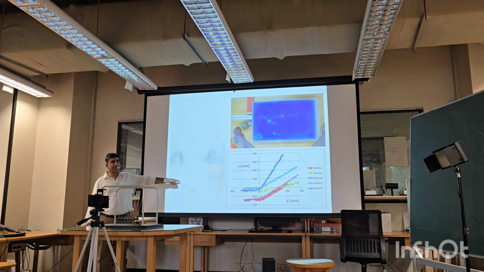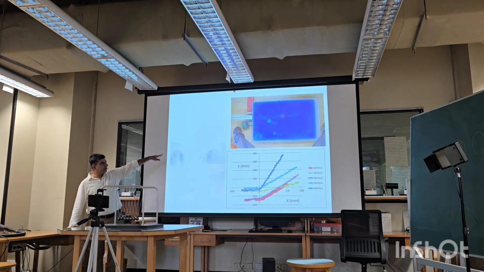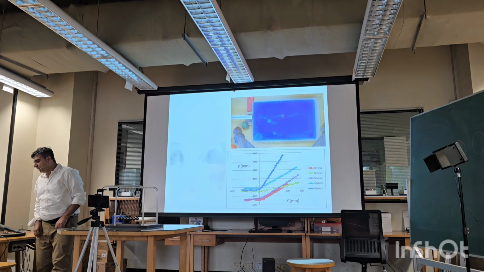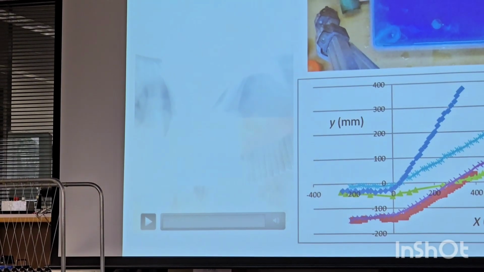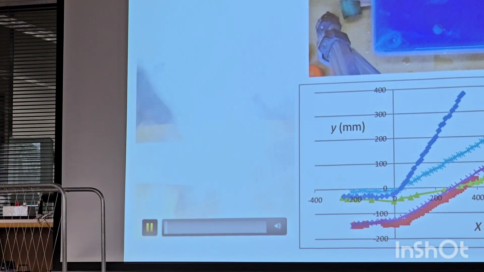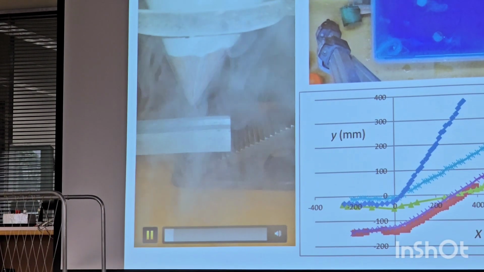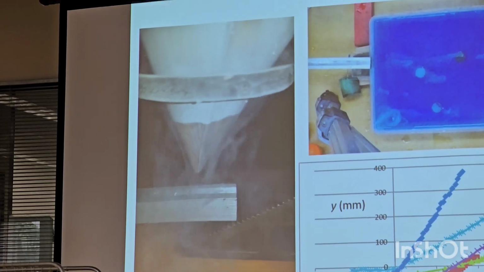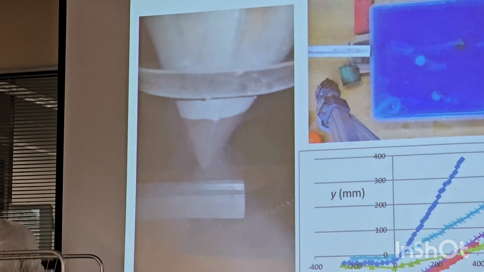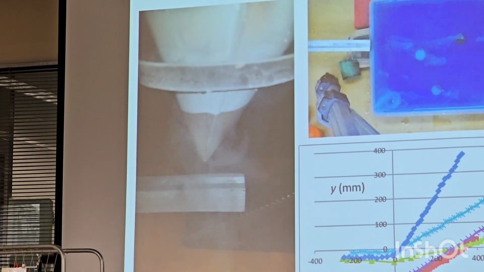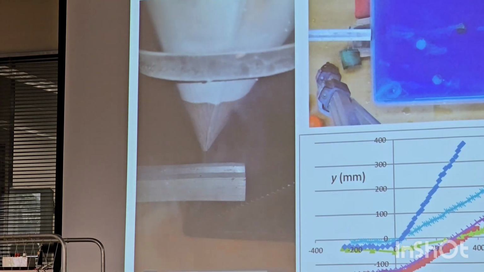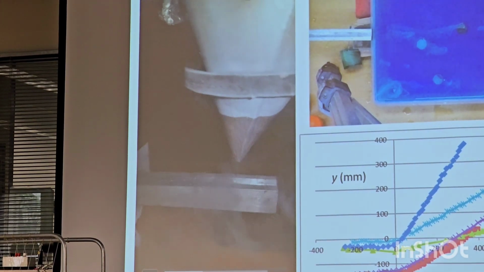So I'm going to play a video here. On the left side of the screen, a small video clip is going to show up. It's blurry at the beginning, but I think it's going to clear up a little bit. If you observe from the apex of this cone, tiny drops drip down.